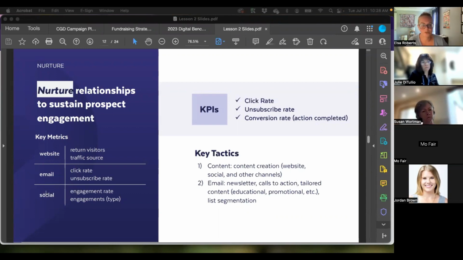And then for social, engagement rate and type of engagements is going to become more critical, as you're really thinking about that deeper level of engagement with folks beyond someone just seeing something. How are they interacting with it? Key performance indicators for this stage might be click rate, unsubscribe rate, or conversion rate, or all three.